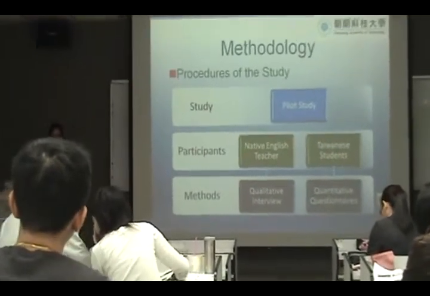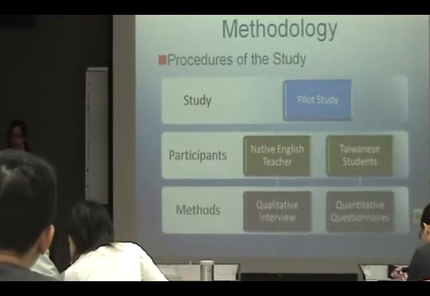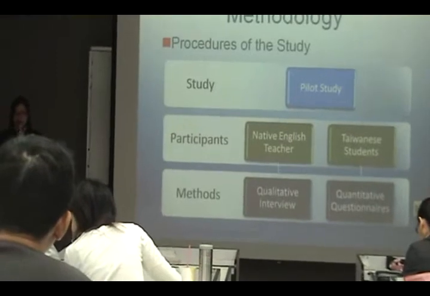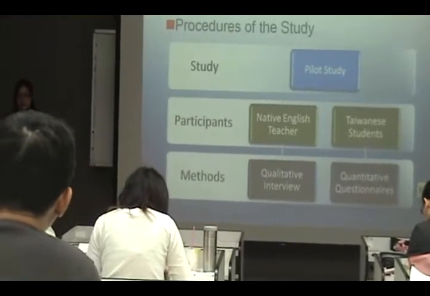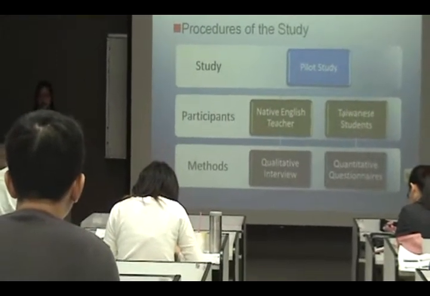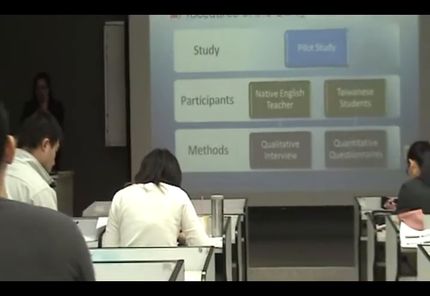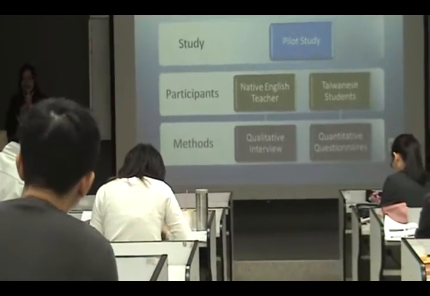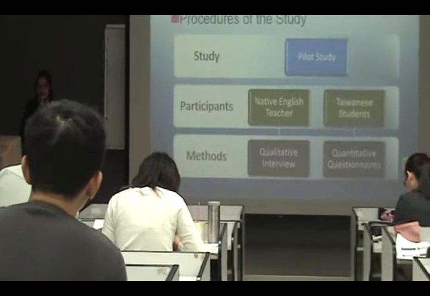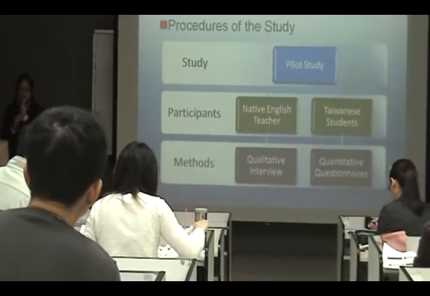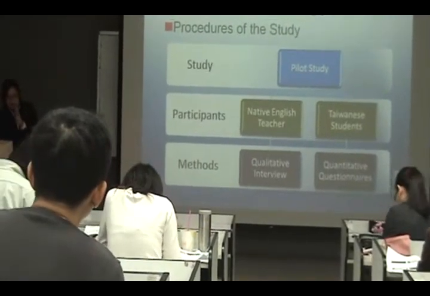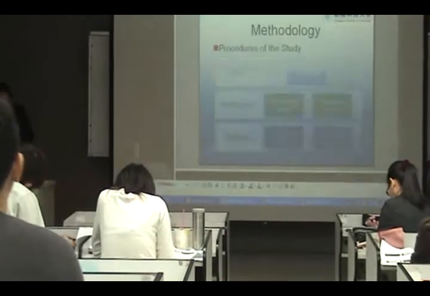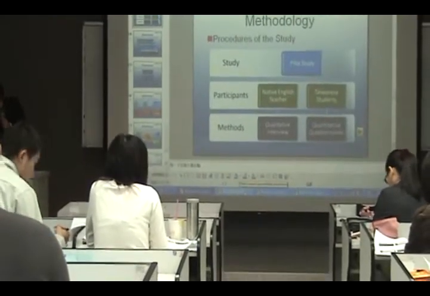And about the procedures of the pilot study, the participants will be a native English teacher and the Taiwanese students. And I will use the qualitative interview for the teacher and the quantitative questionnaires for the Taiwanese students. And here I will try to explain the steps for them.